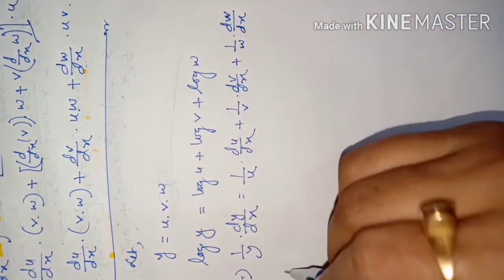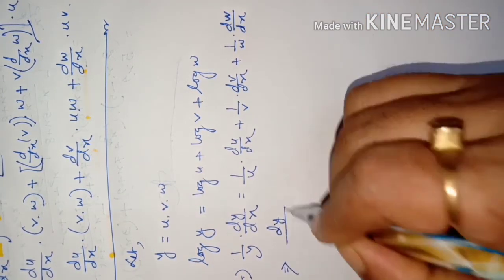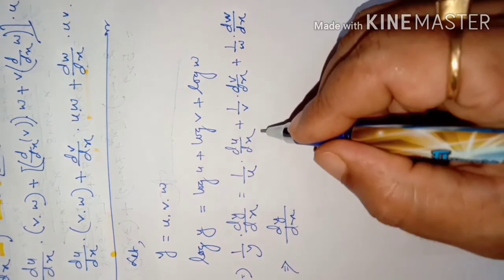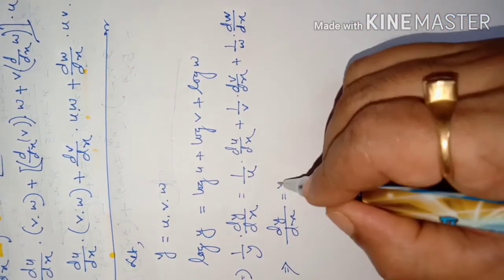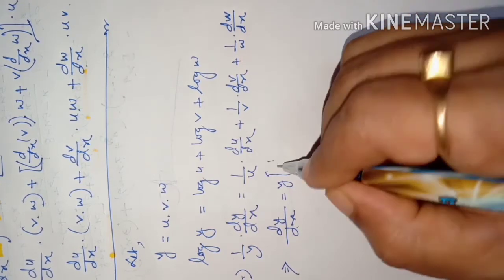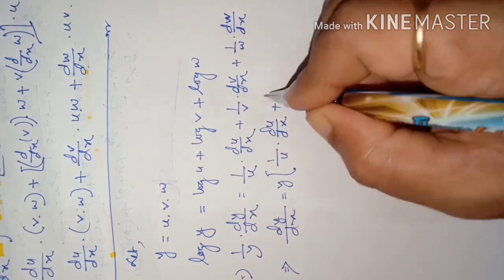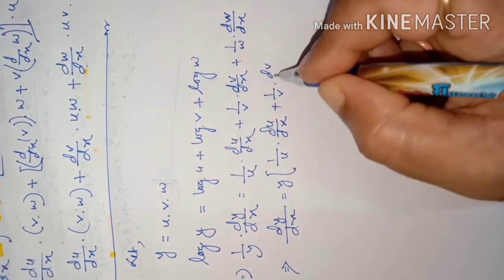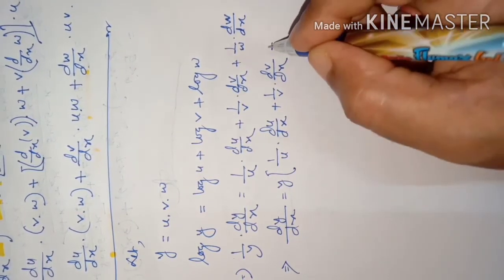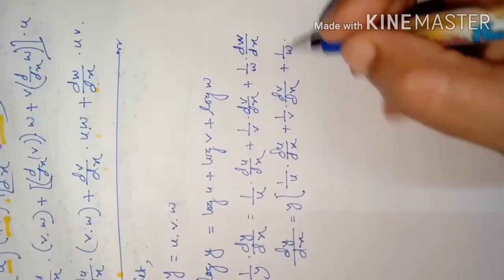Then multiplying by y, the right hand side will be y into 1 by u into du by dx plus 1 by v into dv by dx plus 1 by w into dw by dx.